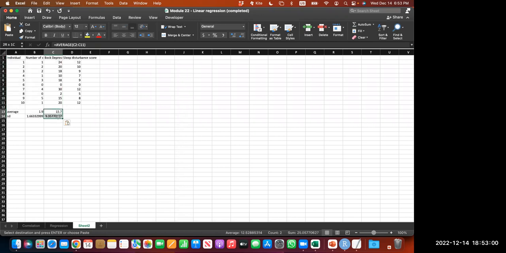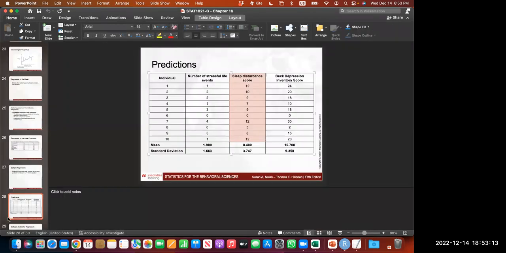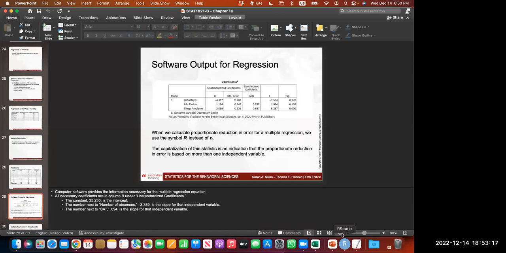We get now a data set that is consistent with what Norton and Heinzen show in the PowerPoint. So now employing a multivariable regression, and we will do it in R in a second, if we are employing a multivariable regression on this model, we're getting this output.